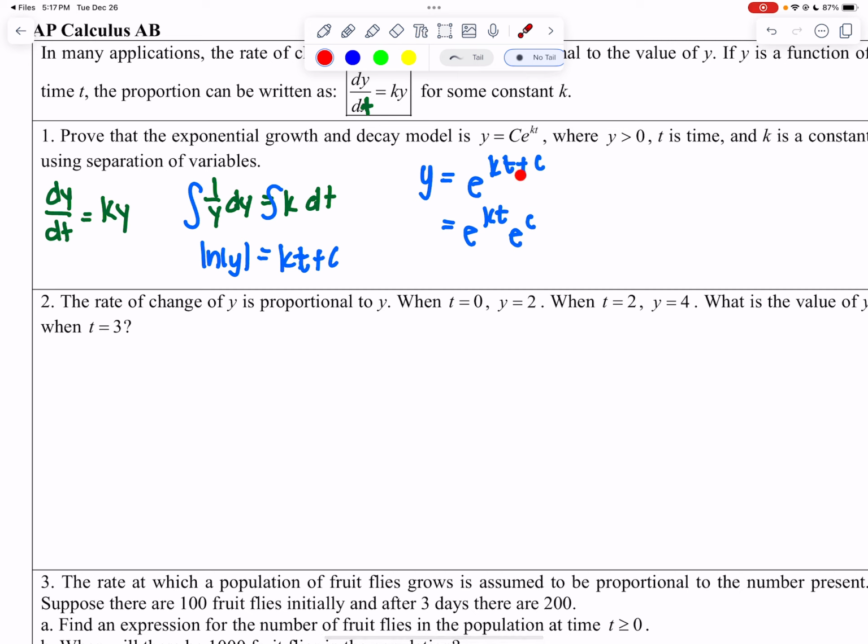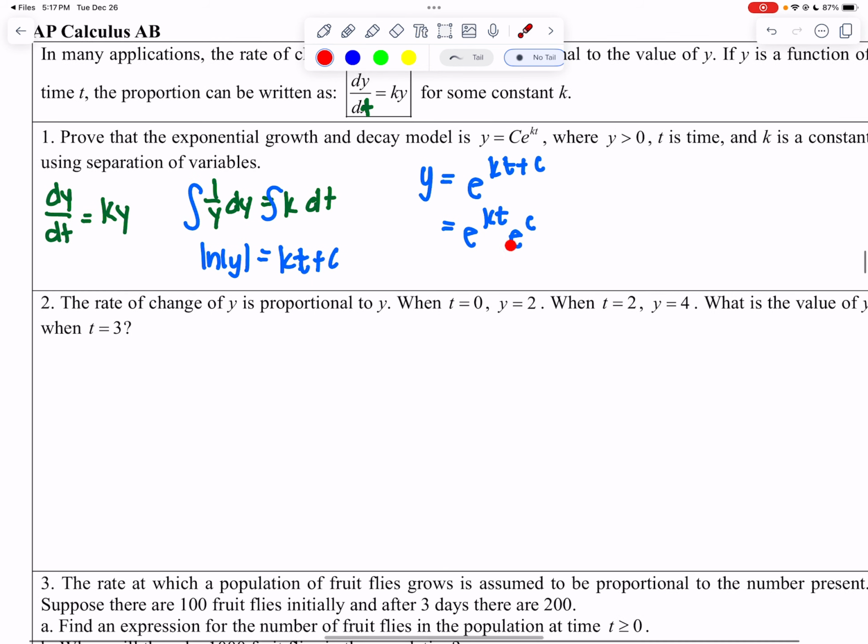Remember that if I add in the exponent, I can split this up into two multiplication terms. And we know that e to the c is some number. What number that is, I don't know, and I don't care. So that's why we can replace that with c. And that's how we get my formula of y is equal to c e to the kt.